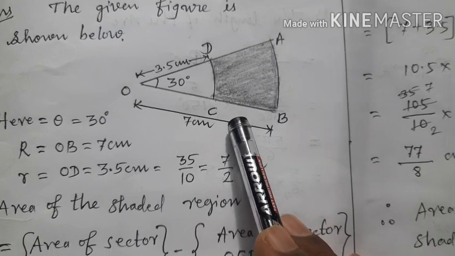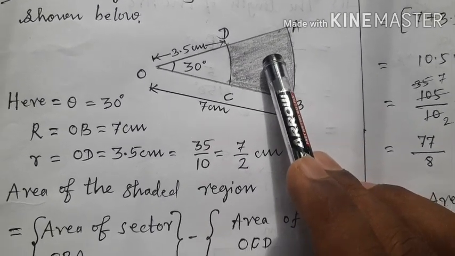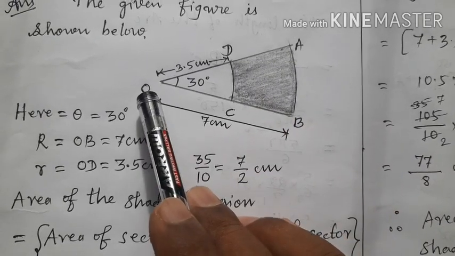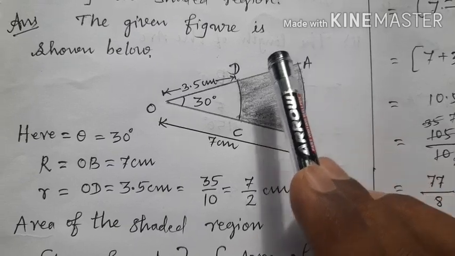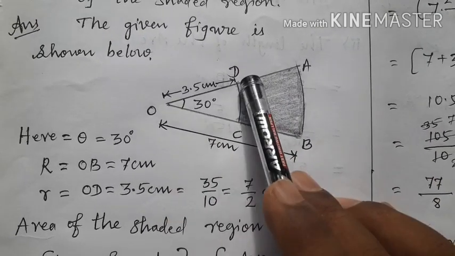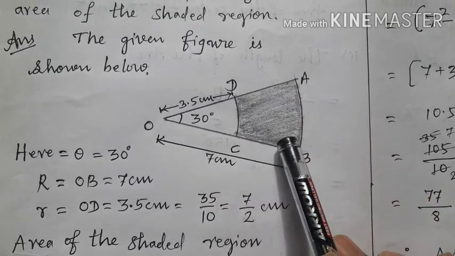If you would like to find out the area of this shaded region, what should be done? Find the area of OBA sector minus the area of OCD sector. Then you will get only the shaded region area.